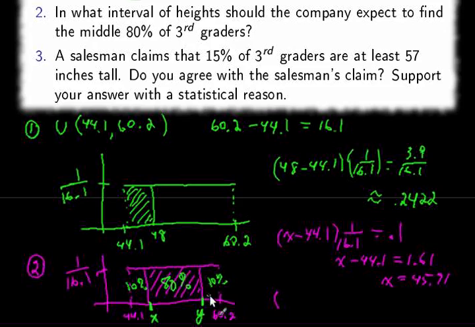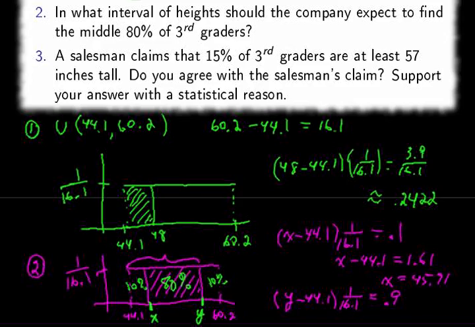Either way, you get the same answer. So it doesn't really matter a whole lot. I'm going to do the big one, y minus 44.1 times 1 over 16.1 equals 90%, or 0.9, because I'm talking about this rectangle from here to here.